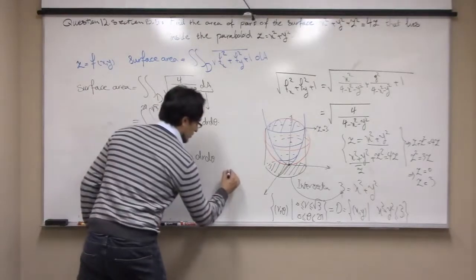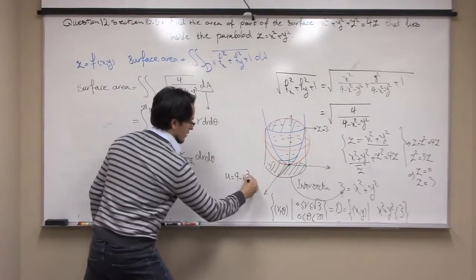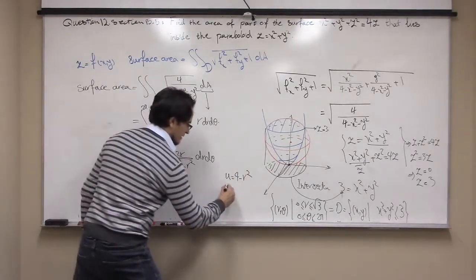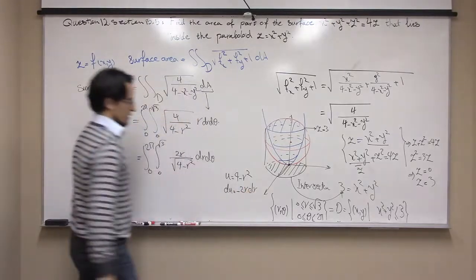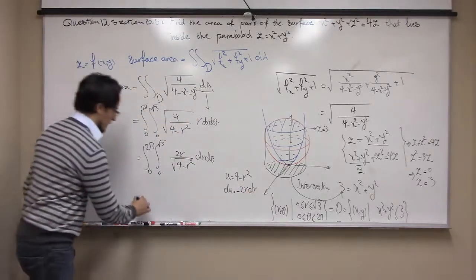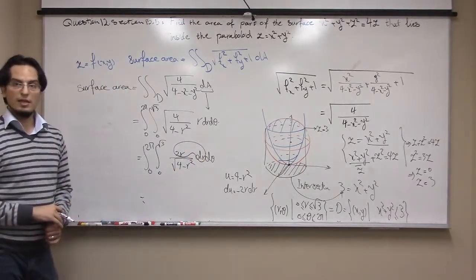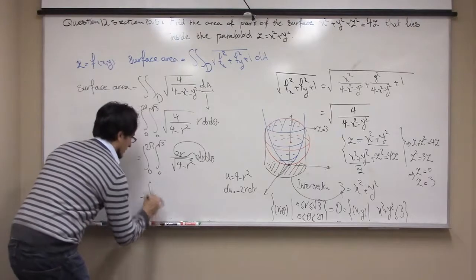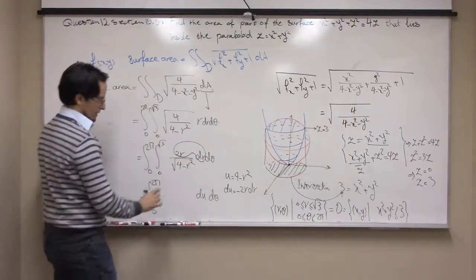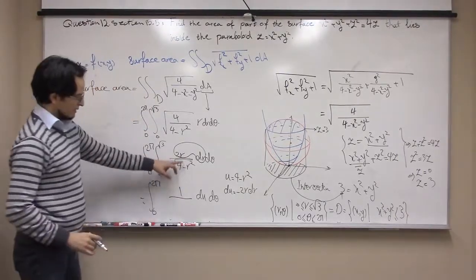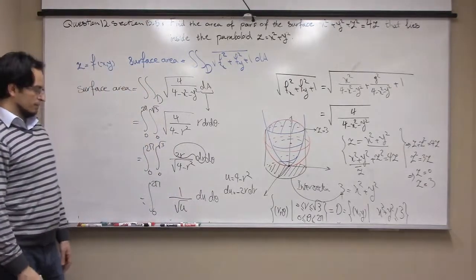So u is 4 minus r squared, and then du is going to be minus 2r dr. Okay, that is a good sign, because I have 2r dr there, so I can rewrite this as du. D theta is there, I'm not touching that. So there's nothing else in the numerator. In the denominator is root u.